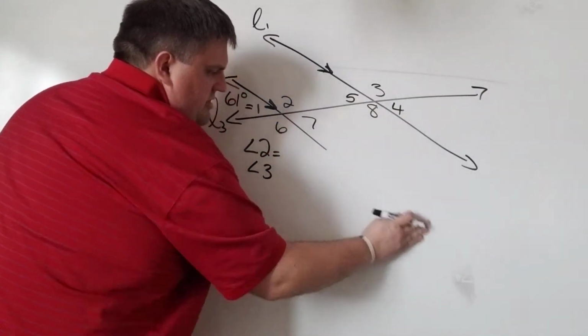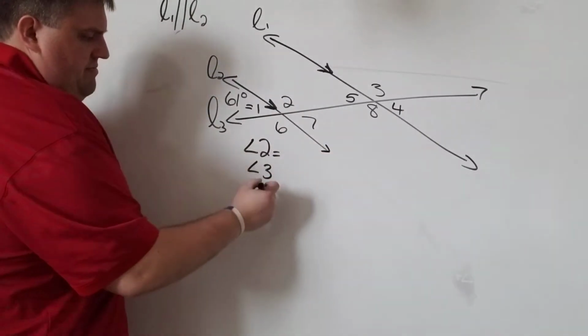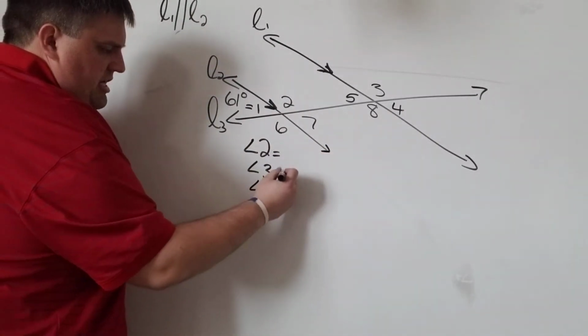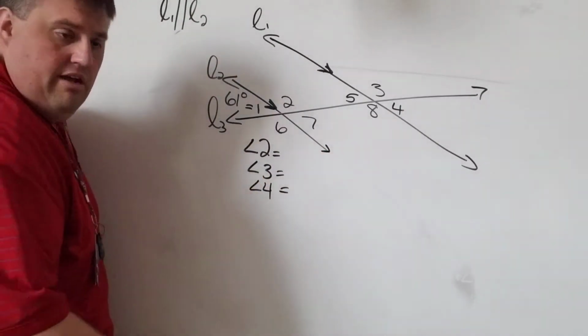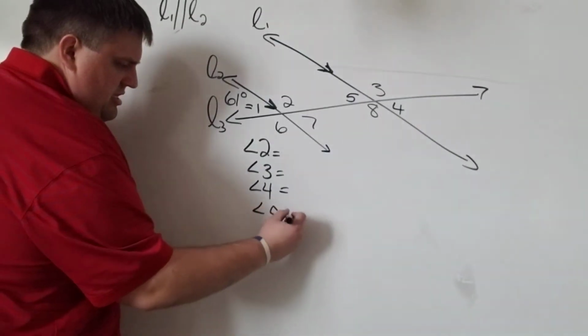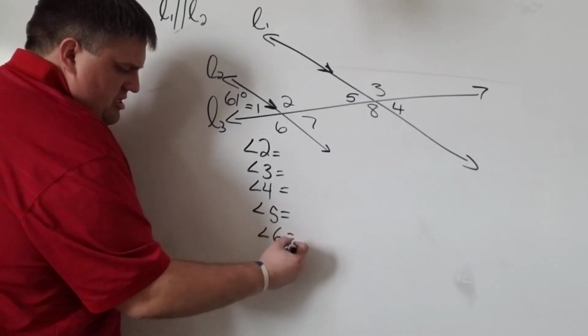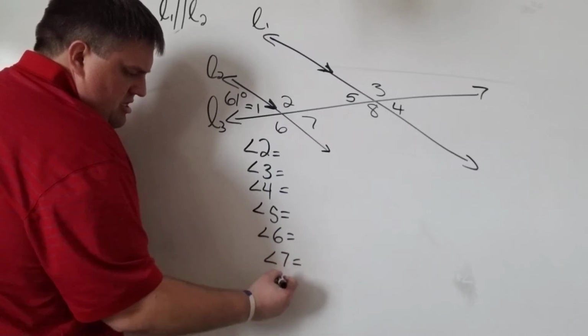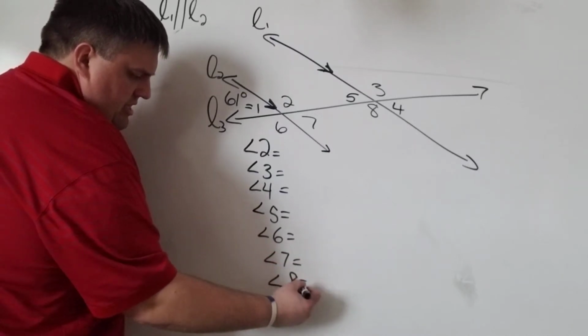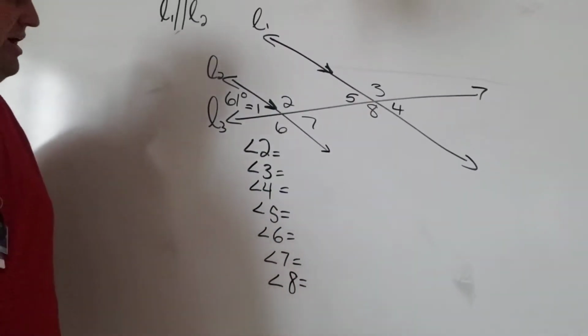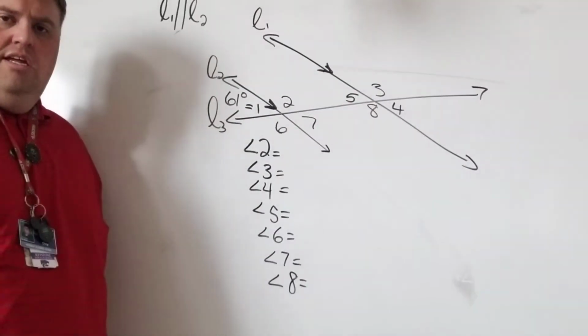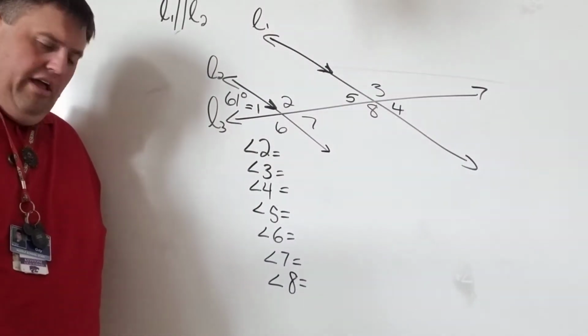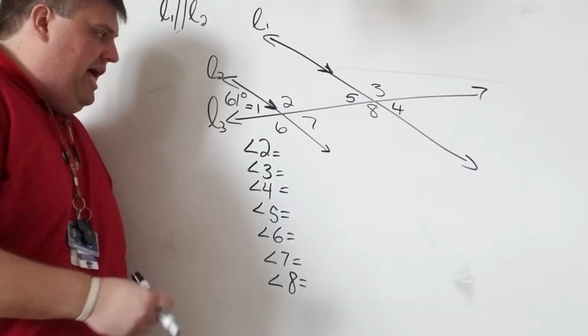I just want you guys to be able to see. So we know angle 1 is 61 degrees, so we want to find all the other angles, and I want to know how we know that.